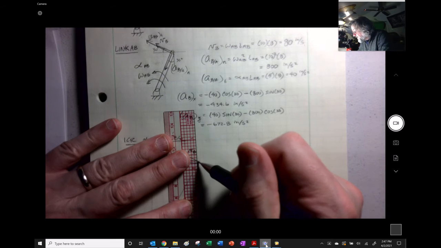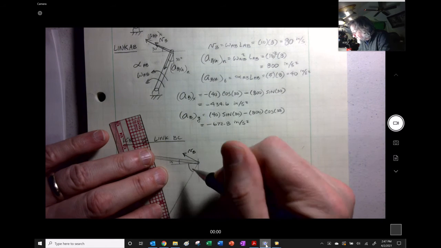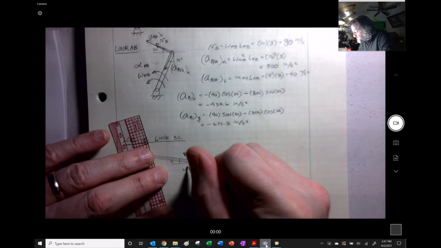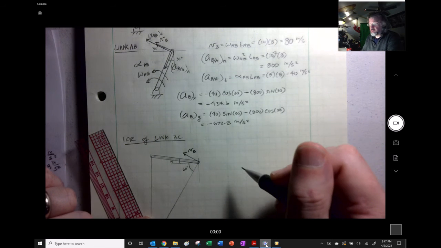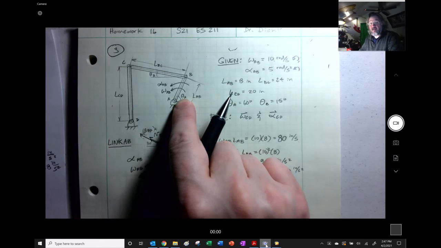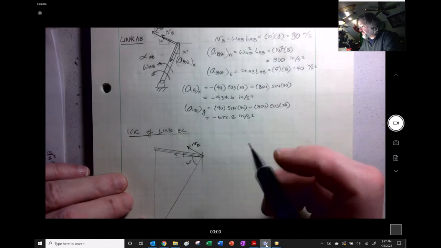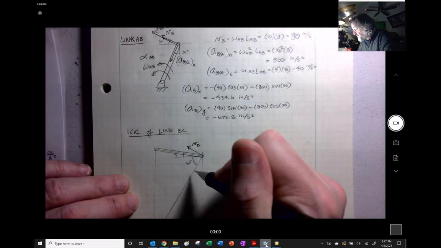And we know this right here is 60 degrees, right? Because that is 60 degrees, so that has to be 60 degrees. So we have that 75 degrees.